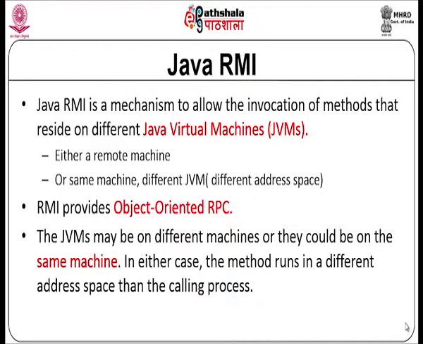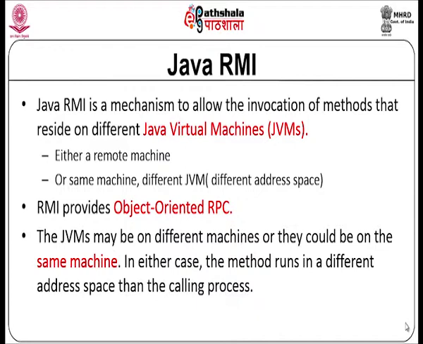It supports JVMs that can reside on different machines. The remote object could be running on a different JVM, and any method or procedure can invoke this remote object, which resides either locally on the machine but in a different address space, meaning a different JVM, or on a different server, which also means a different JVM.